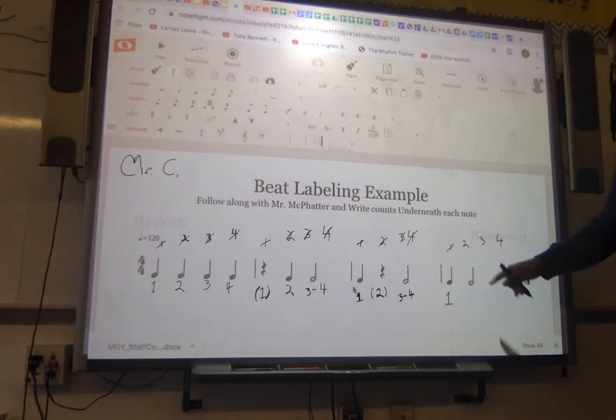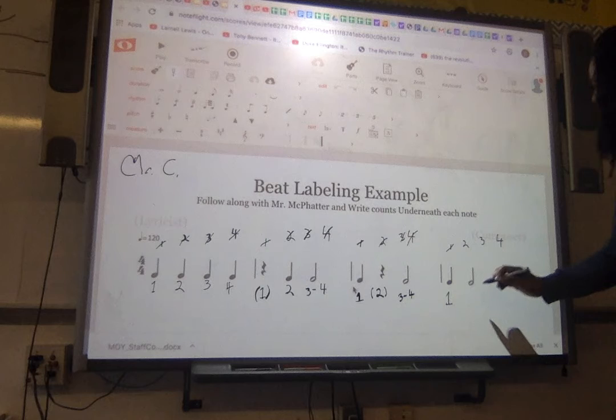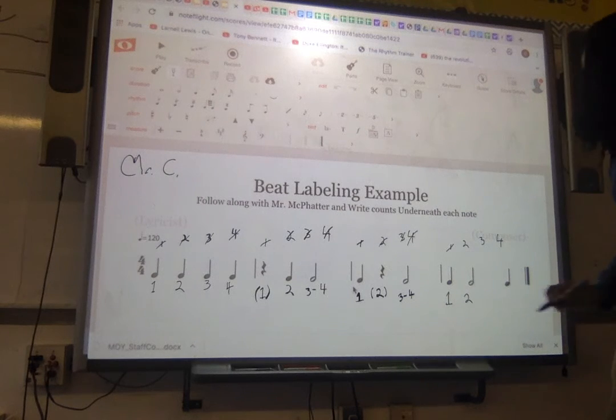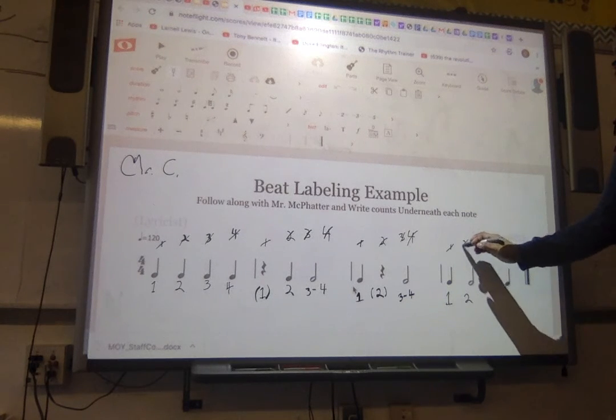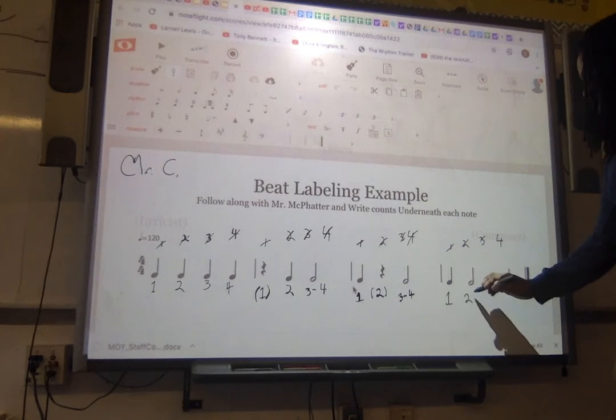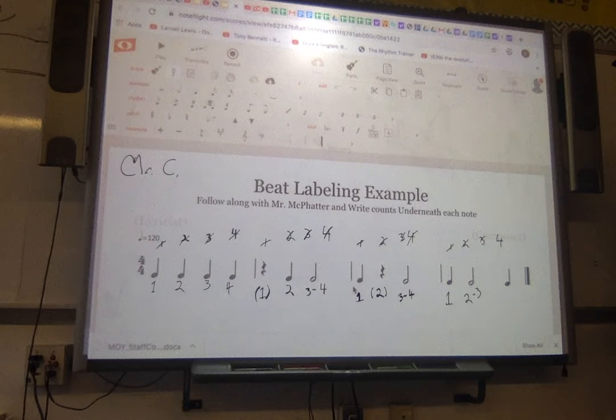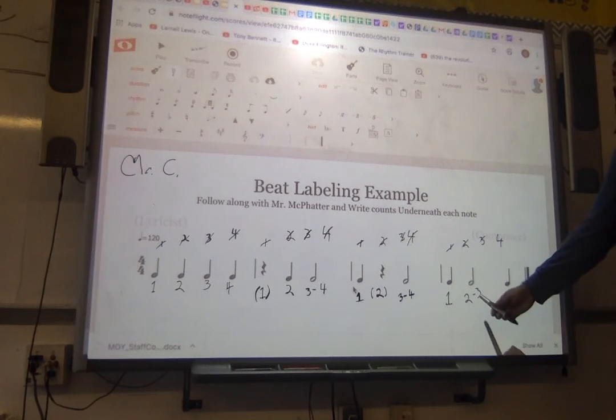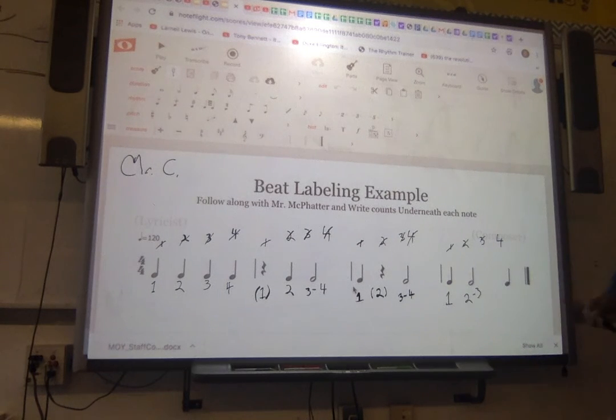So since this is right after beat 1, it has to get beat 2. And since it gets 2 beats, it also eats up beat 3. So I'm going to put a dash 3 right here. This is because this half note happens right after this quarter note.